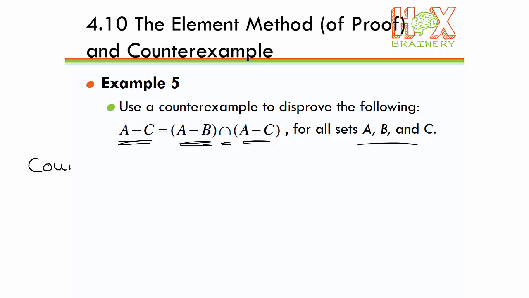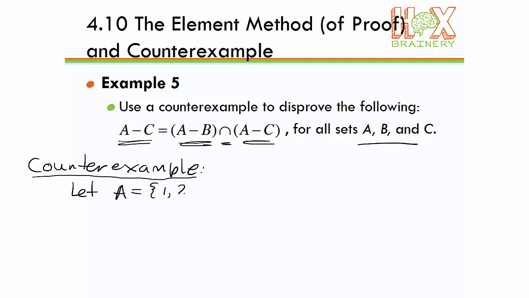So instead of proof, we're going to write counterexample, and we're going to pick out particular sets. Let A be equal to the set containing 1 and 2. B can be the set containing 1, and C is going to be the set containing the number 2.